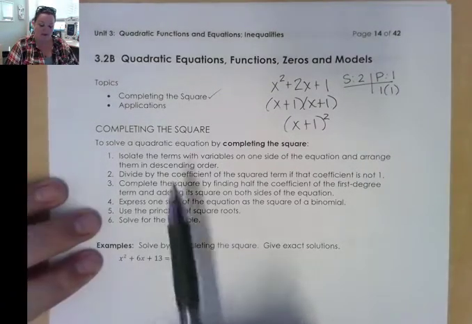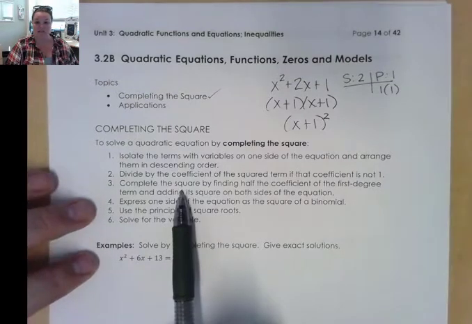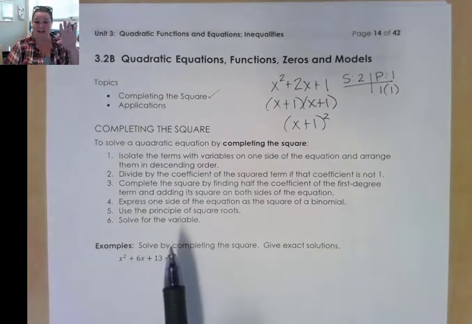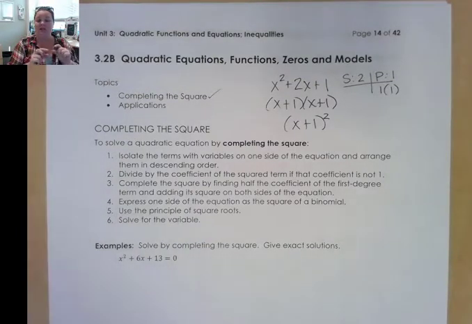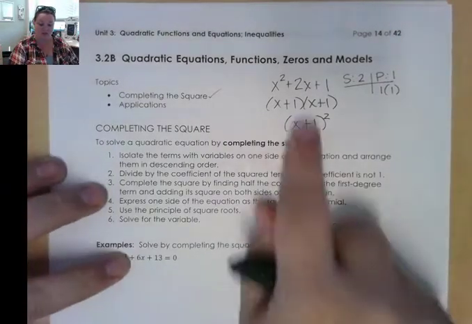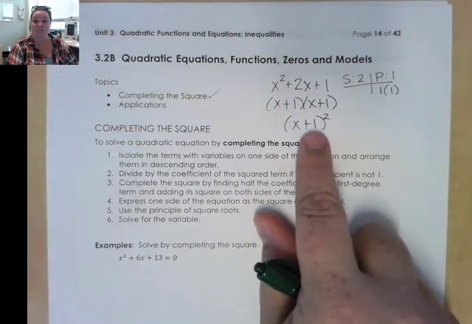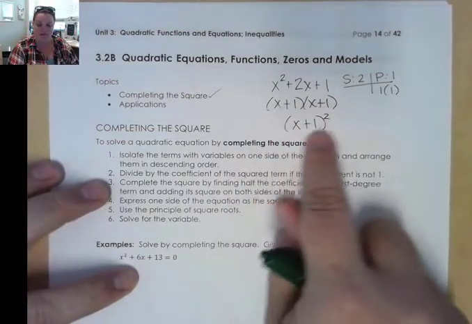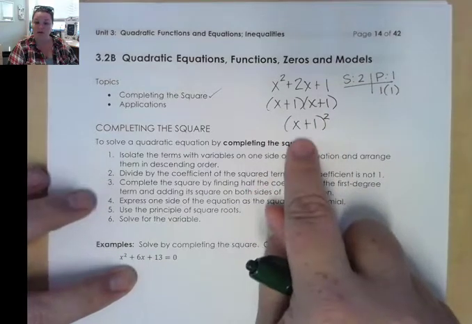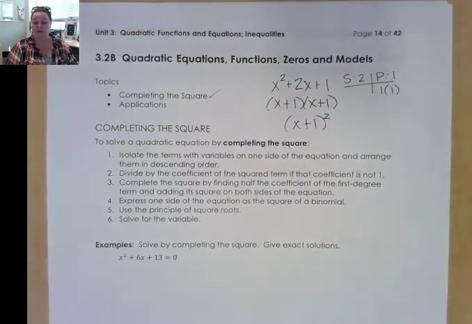Then we get into the completing the square process, which I'll show you here in a minute. We're going to take half the x term coefficient, square it, and add it to both sides. And then from there, that should create a perfect square trinomial on one side of the equation, which we'll be able to then factor into this form. And then from there, we'll be able to solve using our principle of square roots.